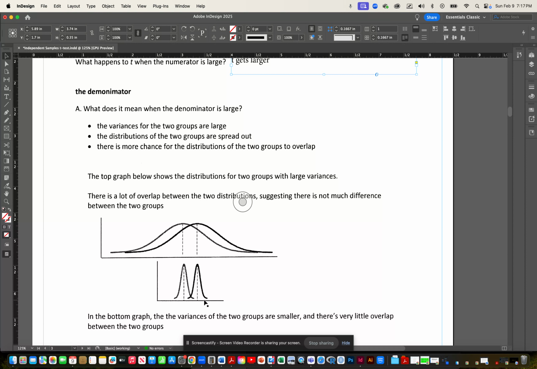So what this means is that for the top graph, a lot of the group on the left are the same as, or within, the second group. So really, we might even say you can't tell the difference between the two groups, versus the one at the bottom, where there's very little overlap.